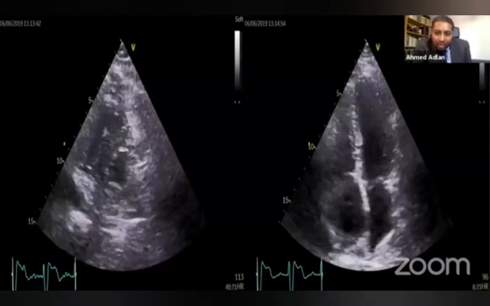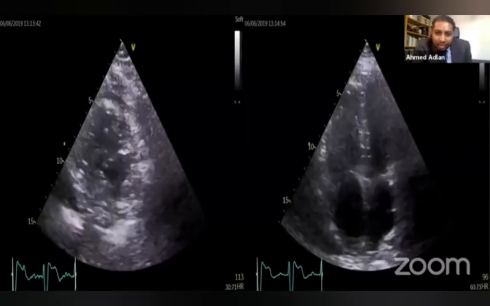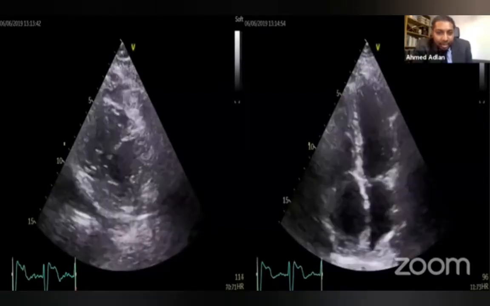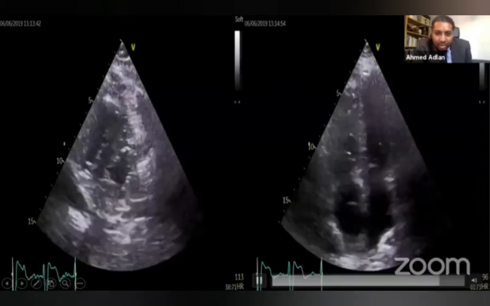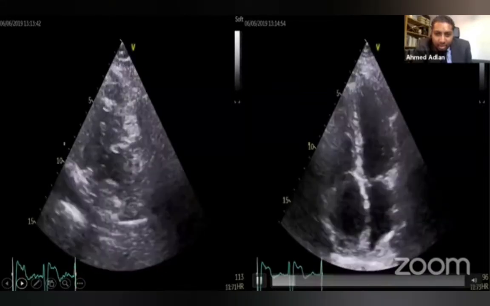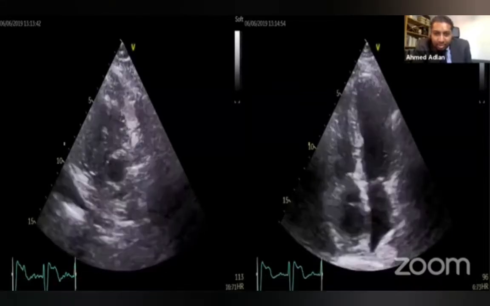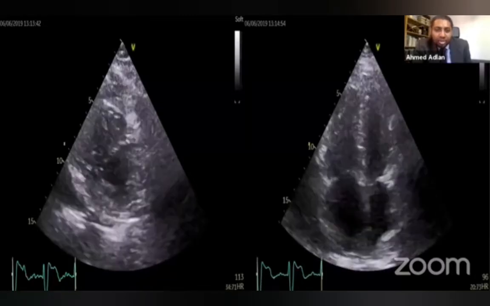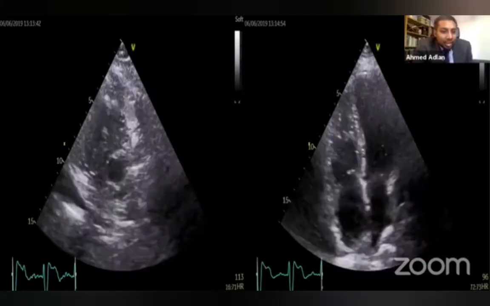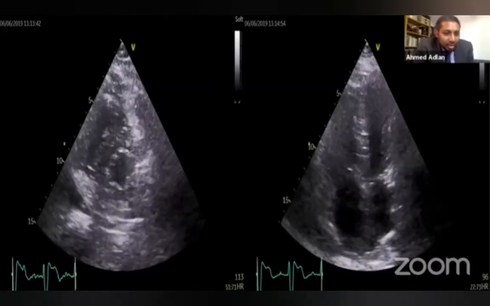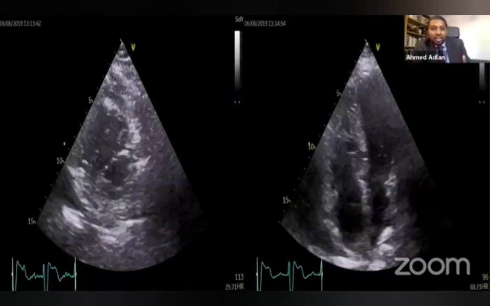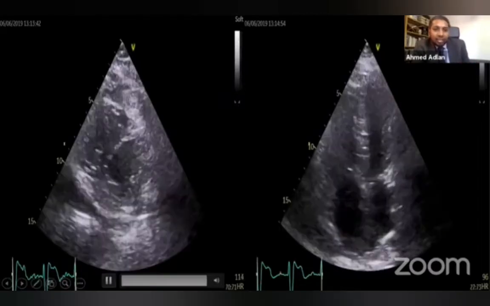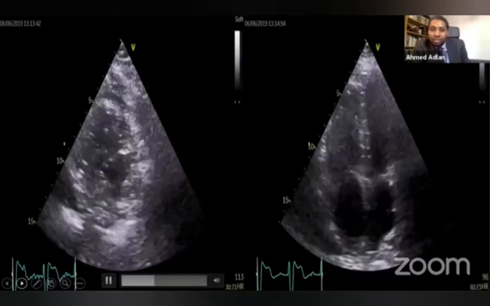The LV function itself looks relatively reasonable, though the left ventricle may be a little underfilled. The right ventricular function is tricky to comment on in stills, but perhaps there is good radial function and reduced longitudinal function. On the left-hand side, you can see evidence of what we call a D-shaped septum. That's the interventricular septum, indicating right-sided pressure or volume overload.